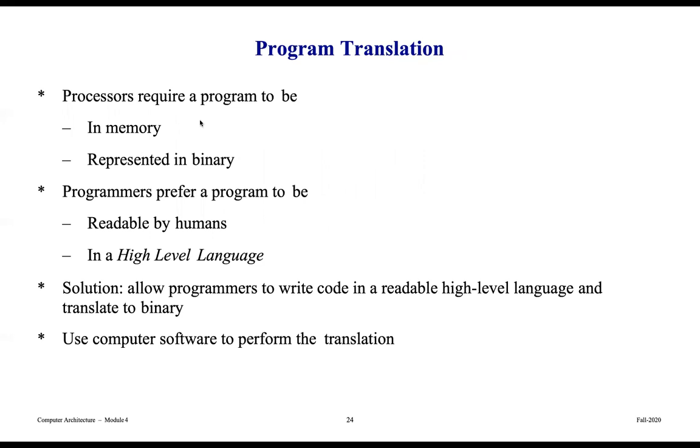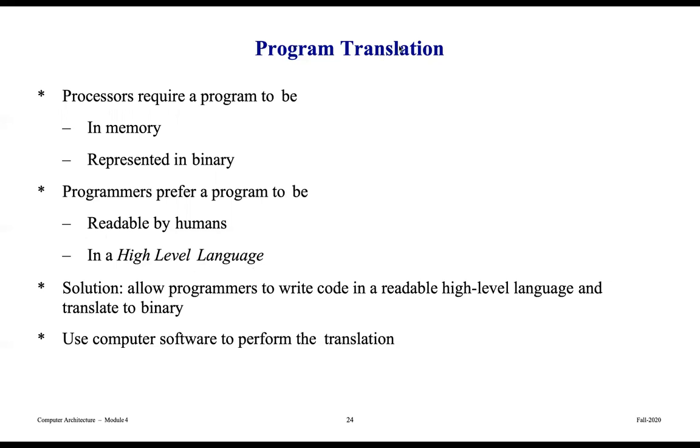So program translation. Programs require the program to be in memory, and it has to be represented in binary, the language in which digital programming is done. Programmers refer to a program as something readable by humans, which is a high-level language. So that's how we think.